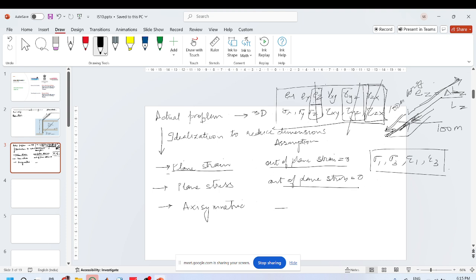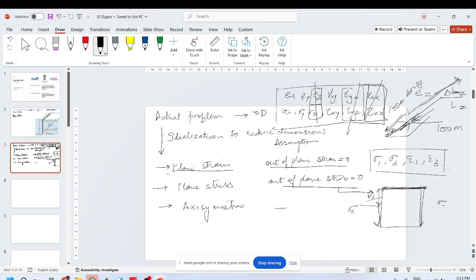The plane stress case is usually more appropriate for structural mechanics problems. If we assume that the material is very thin, like a sheet of paper, something like this, the sigma x will be force in x direction divided by the length here.